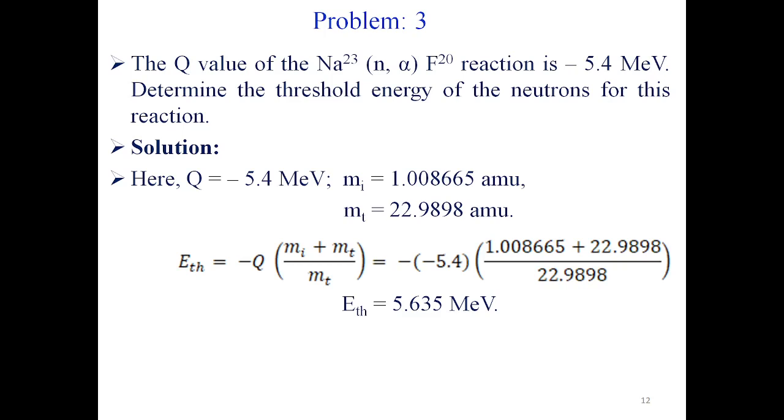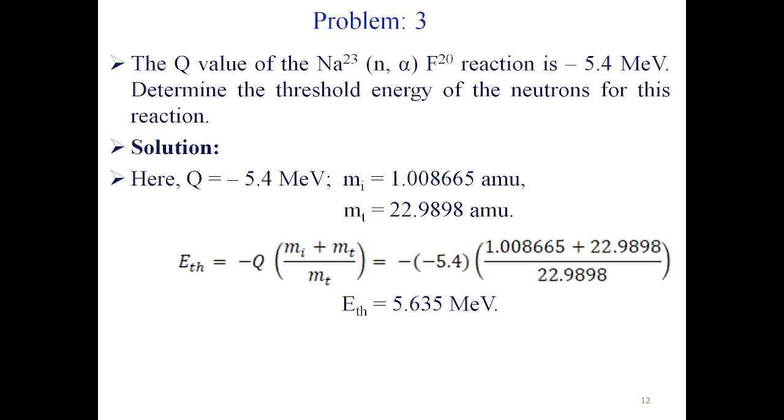The Q value is given, and the reaction is Na23 (n, alpha) F20. That means the target nucleus is sodium and the product nucleus is fluorine. Within the bracket, n, alpha is given. That represents n as the projectile particle and alpha as the emitted particle.